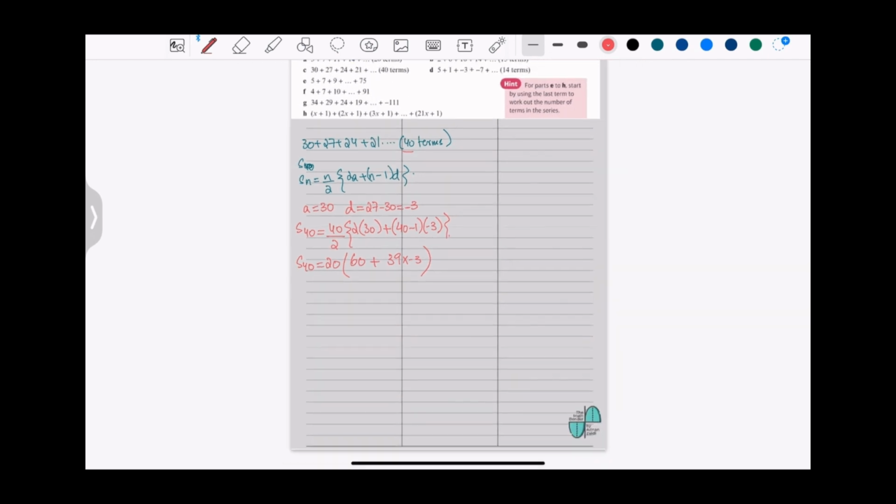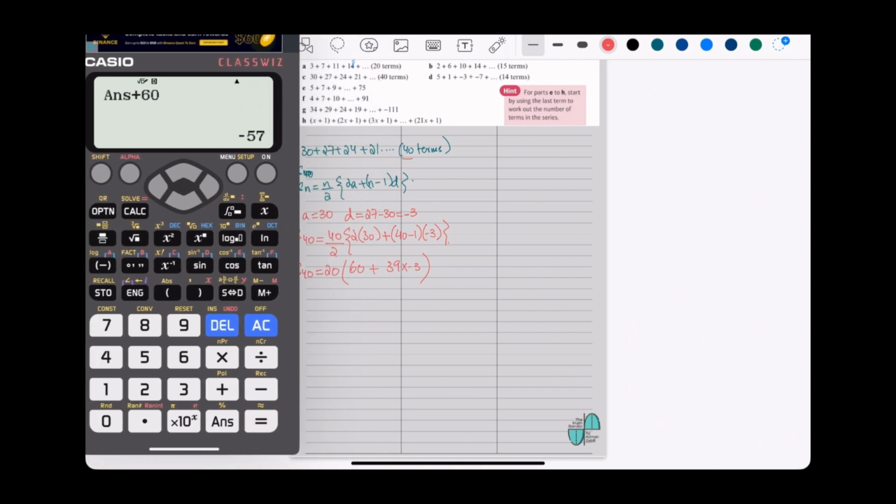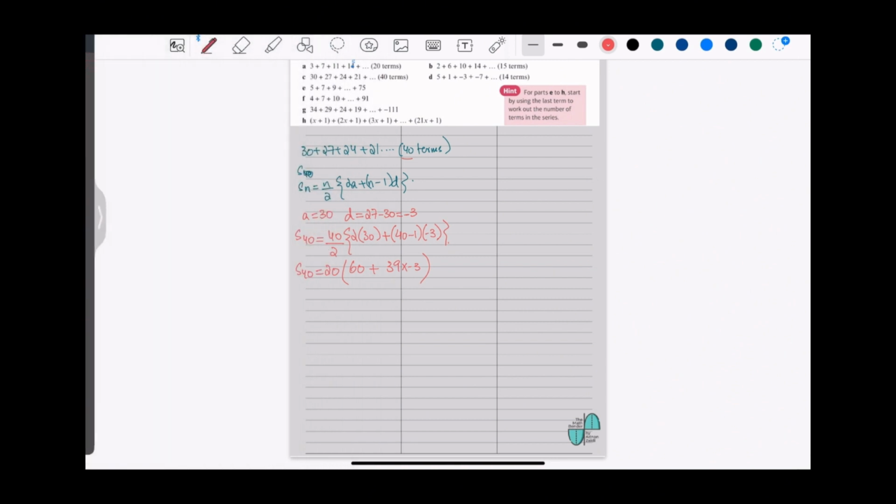I'll straight away use the calculator for that. It gives you negative 1140. So the sum of 40 terms is going to be negative 1140.